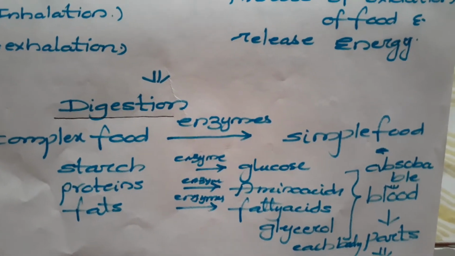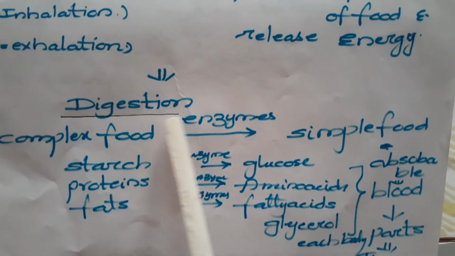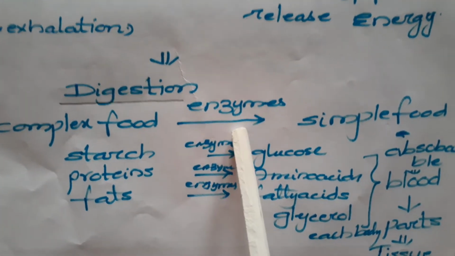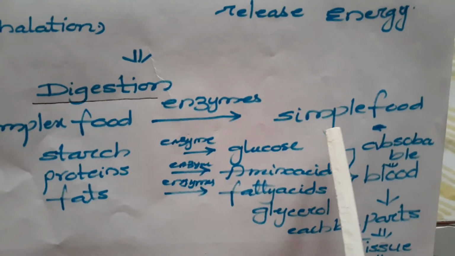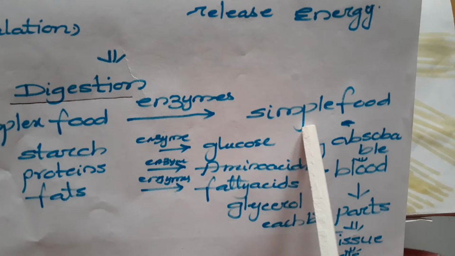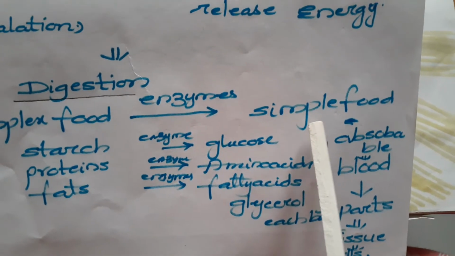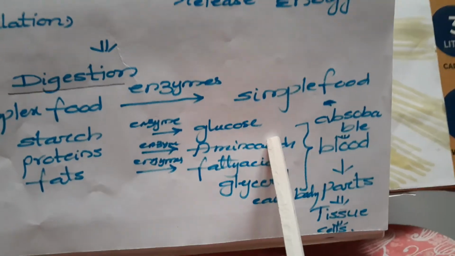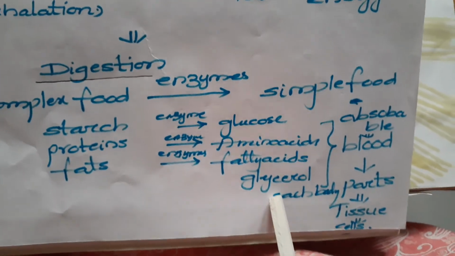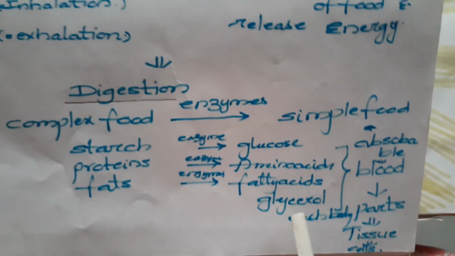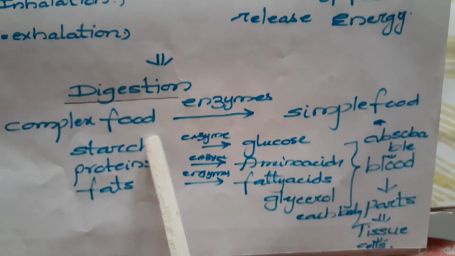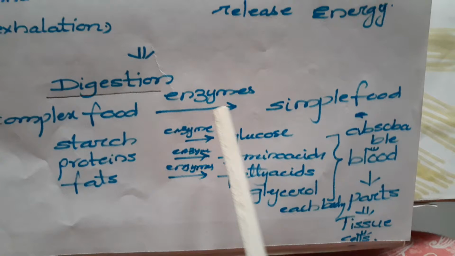What happens in the digestion process? In the digestion process, the complex food material is simplified by enzymatic reaction: starch into glucose, proteins into amino acids, fats into fatty acids and glycerol. Here in digestion, only the complex food material is simplified by enzymatic reaction.